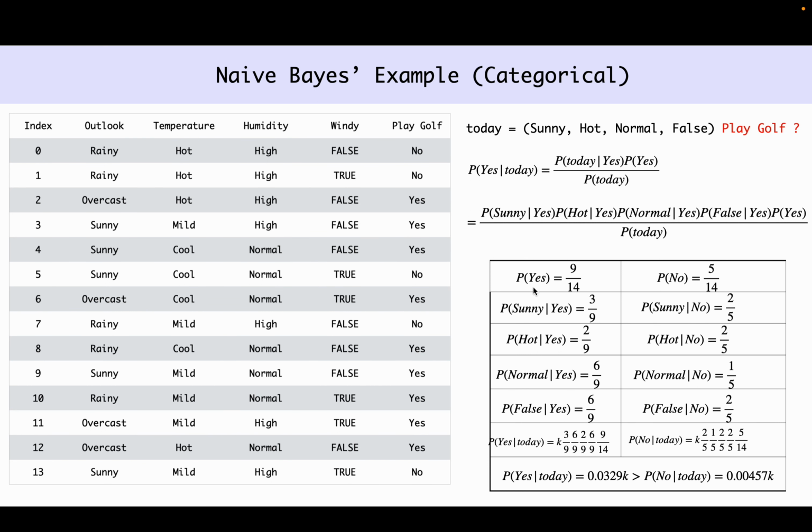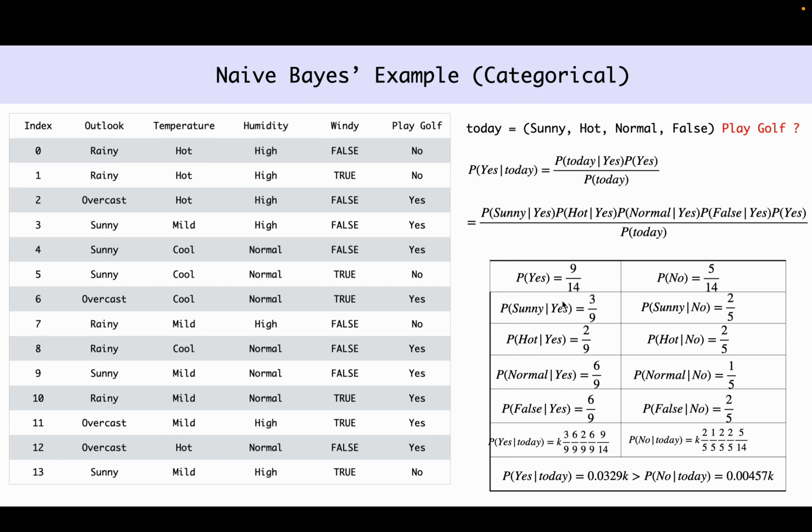First one is the probability of yes. Among 14 data points, there are 9 data points which have output yes, so the probability is 9 by 14, and the probability of no is 5 by 14. For each individual feature, sunny, hot, normal, false, we compute the probabilities in both categories. These are the likelihood probabilities.